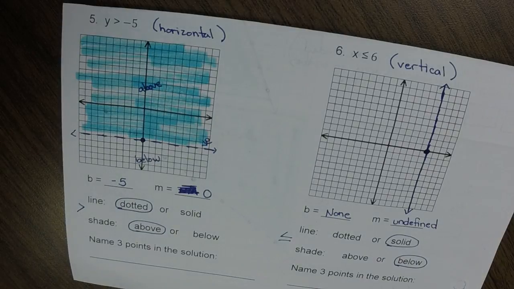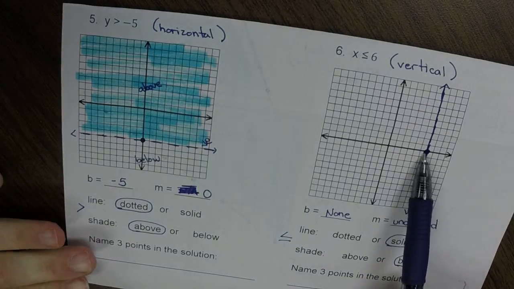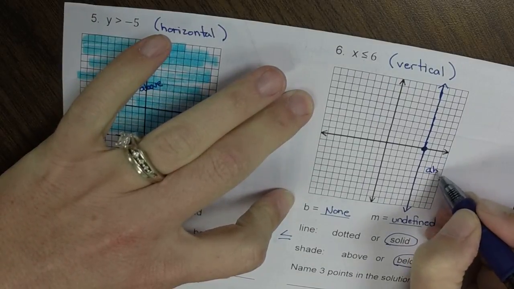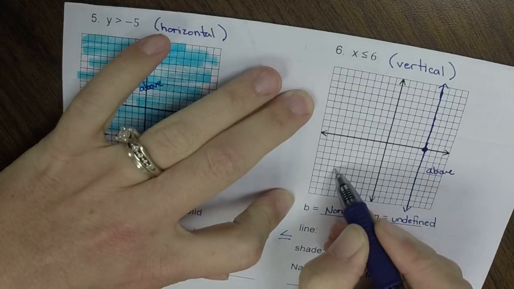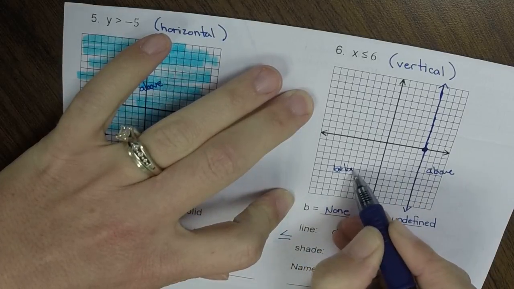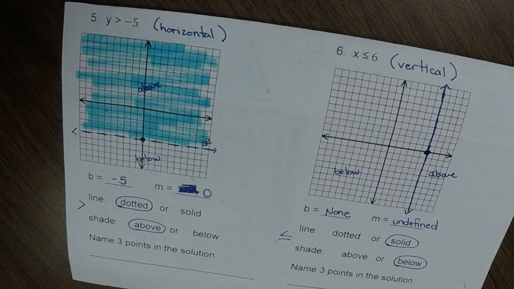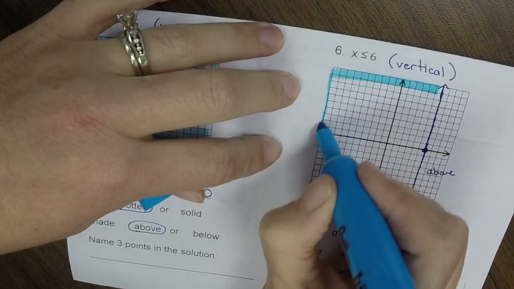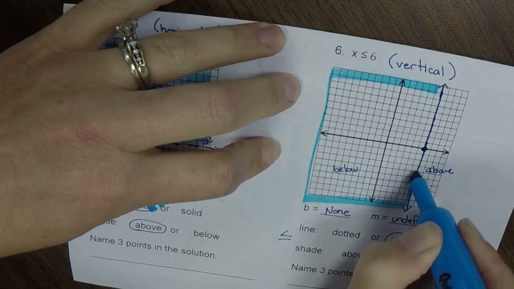So what you need to remember is that bigger numbers are to the right, so this is going to be considered your above, and over here would be considered below. So if we were supposed to shade below this line, we would shade this direction.